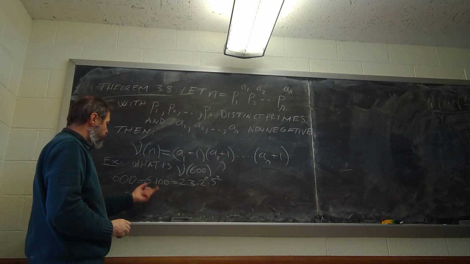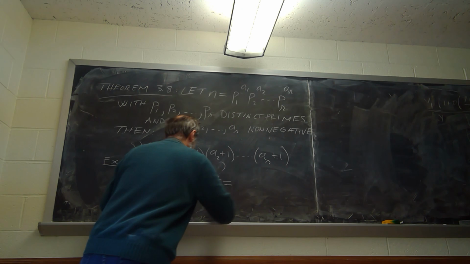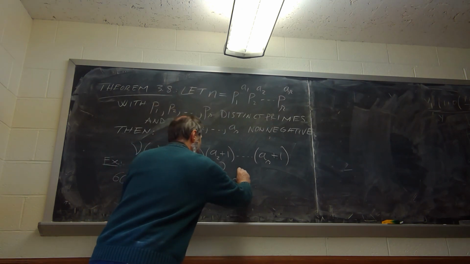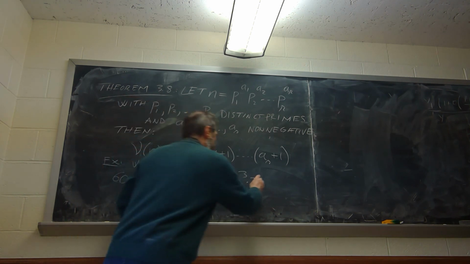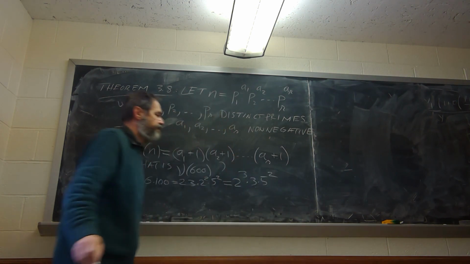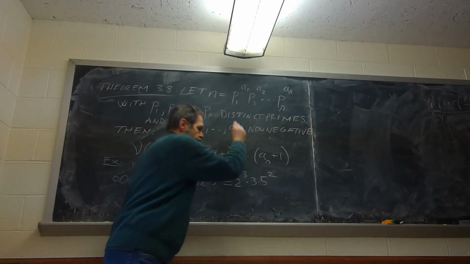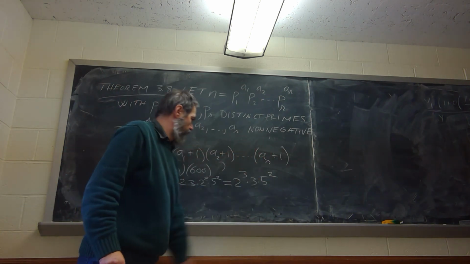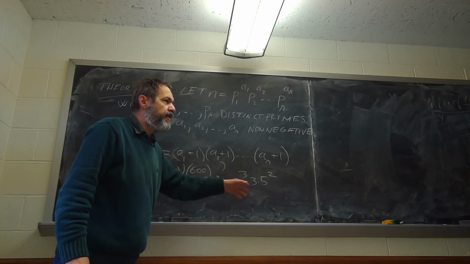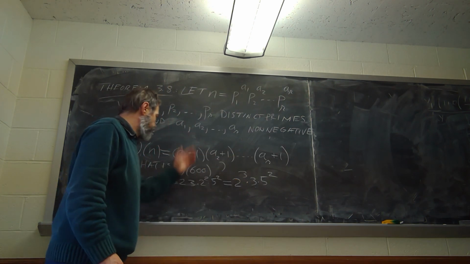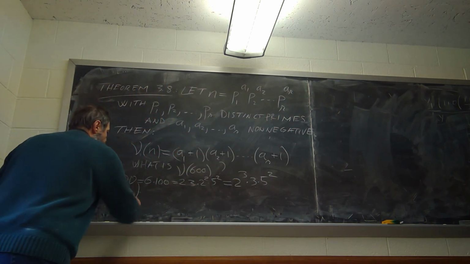I collect them together and I have 2 cubed times 3 to the 1 times 5 squared. I don't need to put the 1. That's 8 times 3 times 25, that's 600.